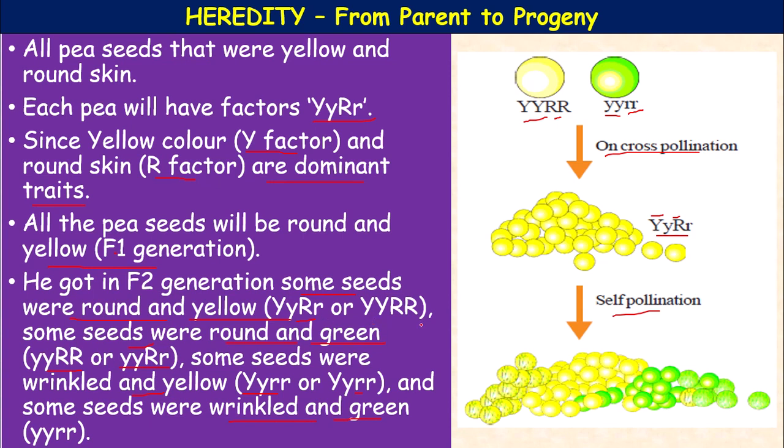And some are capital Y, capital R, and some are small y, capital R, or small y, capital R, small r, or some of them are small y, pure green, small y, small r, round and wrinkled. So, we have to remember here capital Y represents the yellow color, small y represents the green color, capital R represents the round shape, and the small r represents the wrinkled shape of the P.